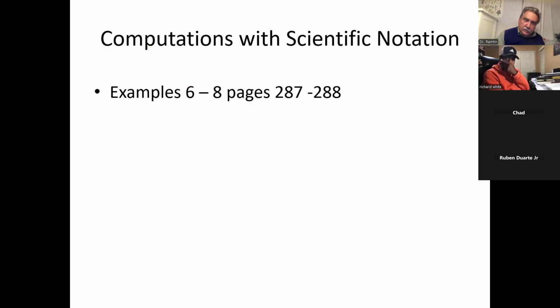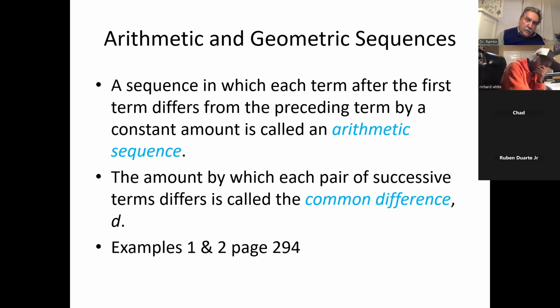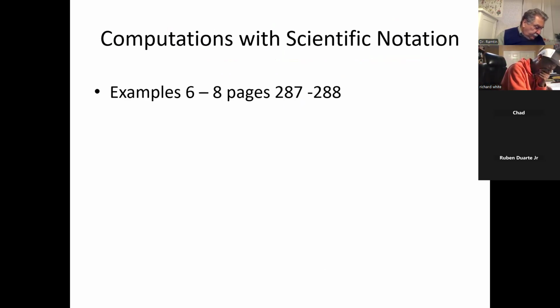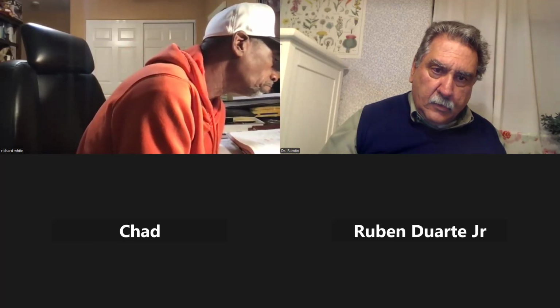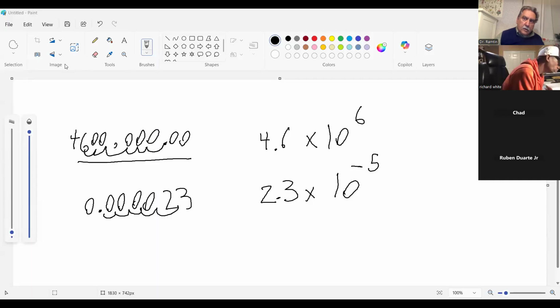Yeah, we already did that. Computation with scientific notation. All right, let's do example 2. Again, let's go to the tablet. That's easier. Okay, let me clean this.